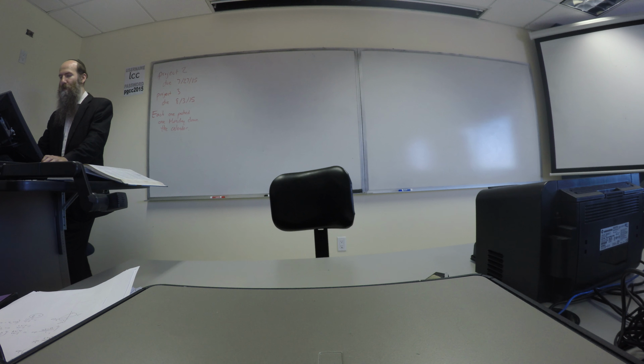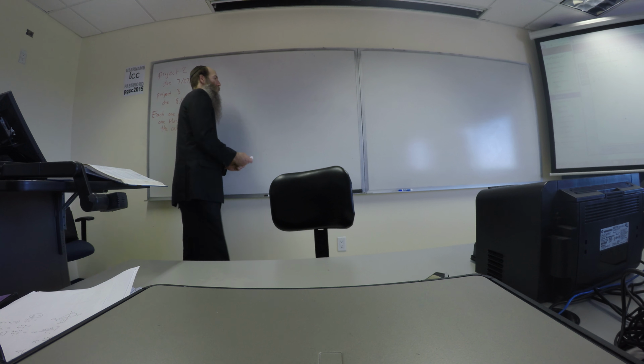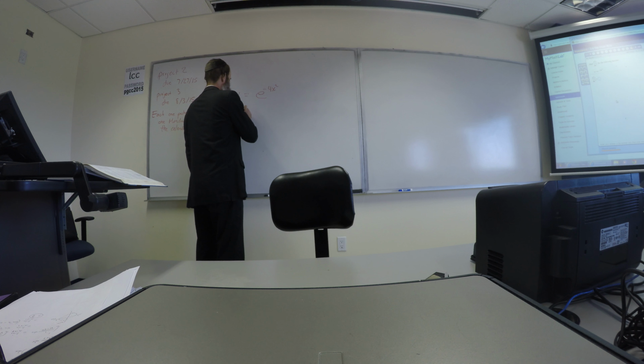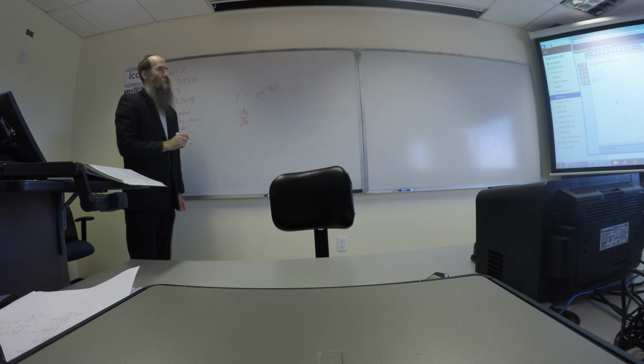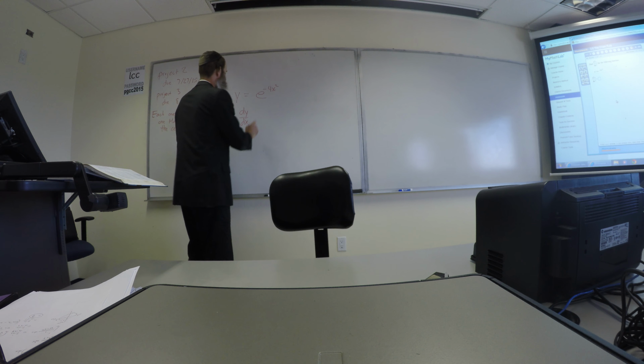Mine's e to the negative 3x squared, but I have about what you have. Yeah, I got e to the negative 4x squared. Okay, so whatever, e to the negative 4x squared. I'm going to find dy/dx. Use the chain rule. If it's negative 4x squared, it's going to go inside the exponential function, right? Yeah. I did the second version.